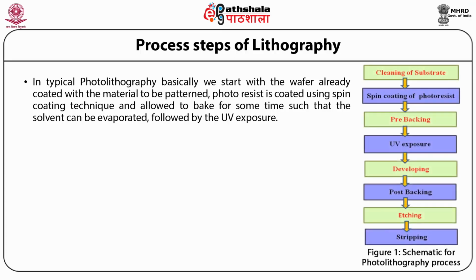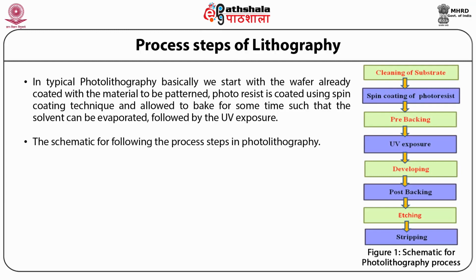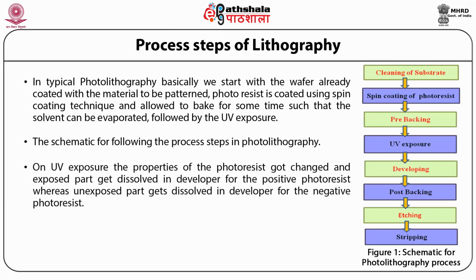The figure on the next slide presents the schematic for the following process steps in photolithography. On UV exposure, the properties of the photoresist change, and the exposed part gets dissolved in the developer for the positive photoresist, whereas the unexposed part gets dissolved in the developer for the negative photoresist.